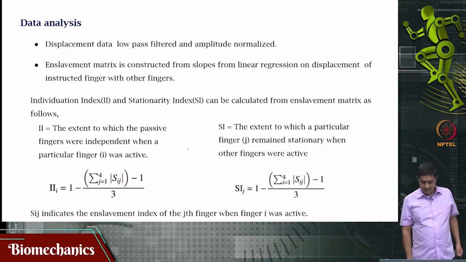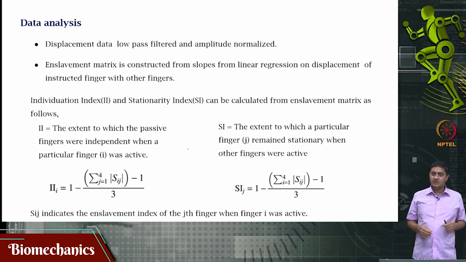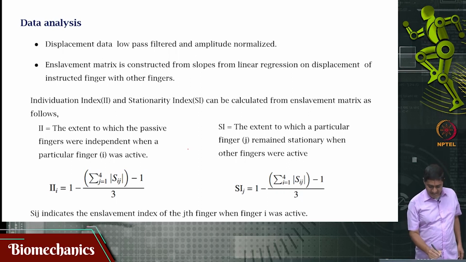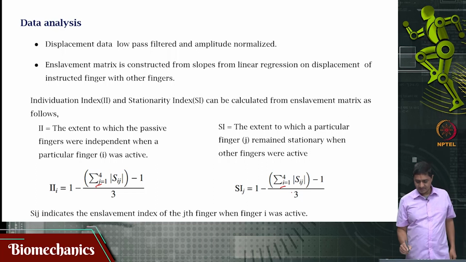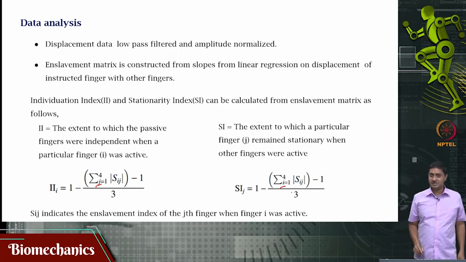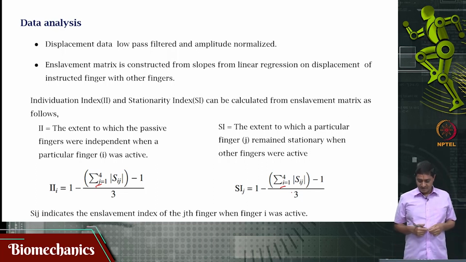Also look at the difference between the formulae for individuation index and stationarity index. The summation has j in the formula for individuation index and i in the formula for stationarity index. This is different. Which finger is active, that is the ith finger. All the passive fingers are the j fingers.